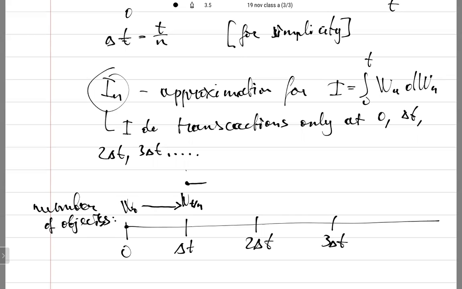But the number of objects I have can jump only when I trade, only at trading points. The next one will be W_{2t/n}, and so on. Then once again I trade, I buy or I sell. The price will be changing continuously, but the number of objects I have will change by jumps. Then it will be constant until I trade again.